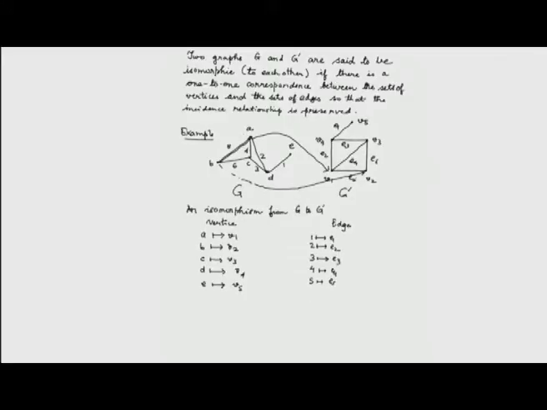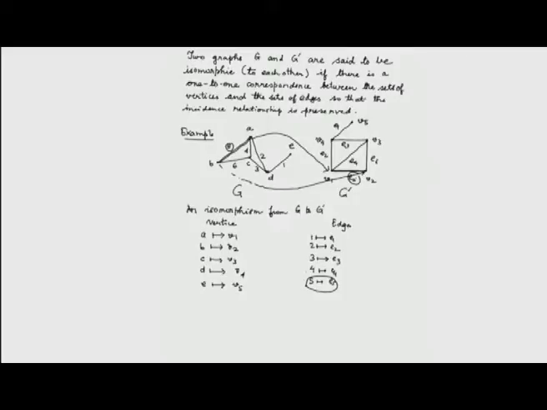Here we see that V1 is adjacent to V2, and what about the edge which is connecting A and B? The corresponding edge is 5, and here we see the corresponding edge is E5, and according to our already defined correspondence, we see that 5 maps to E5.